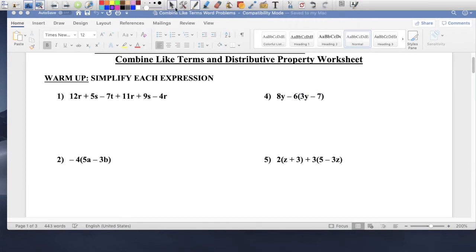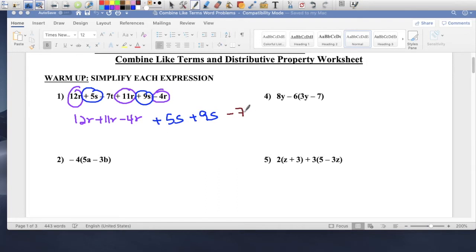Like I said, I don't want to do all of them. Forget it, I'll just do them. So we got 12r, and 11r, and then minus 4r. And the other one I have 5s plus 9s, and then minus 17.